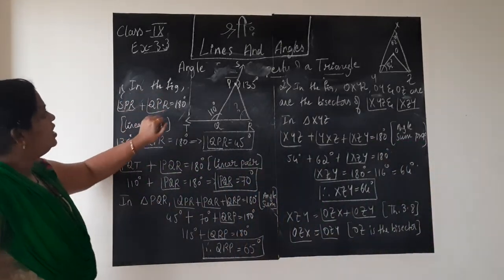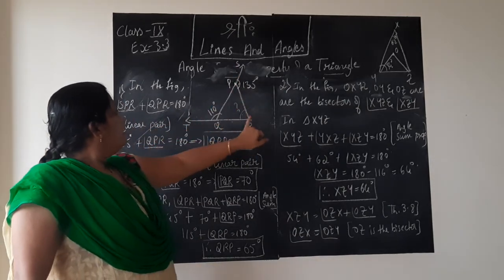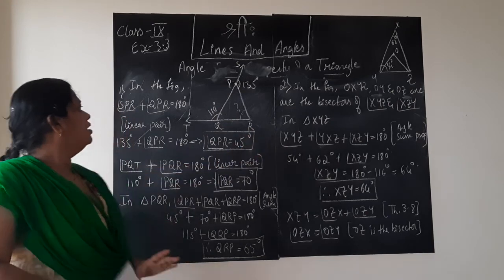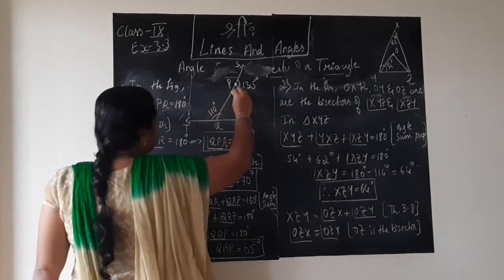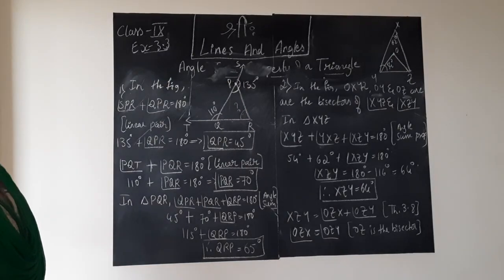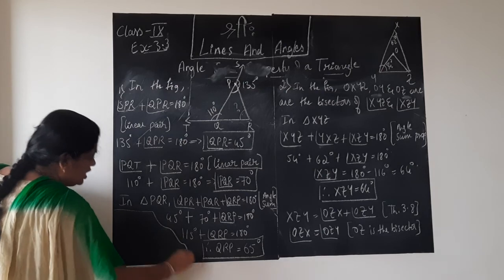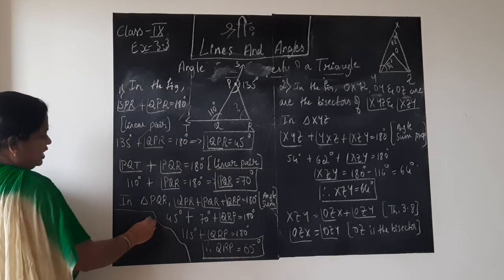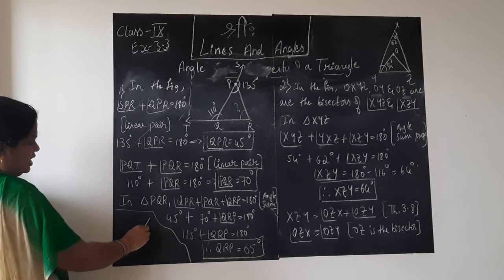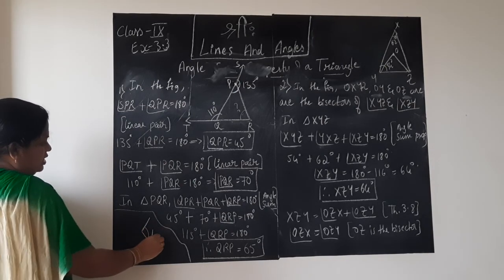In the figure, angle SPR plus angle QPR, means this angle, is equal to 180 degree. How? Means where shall I draw? I will draw here. Which angle am I taking? Angle SPR. This is 135.